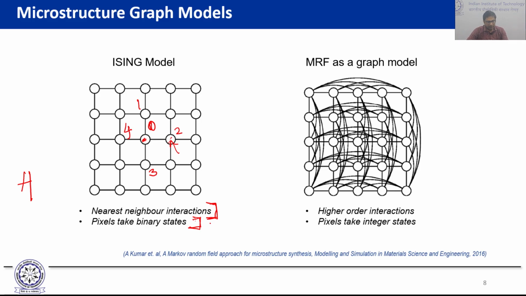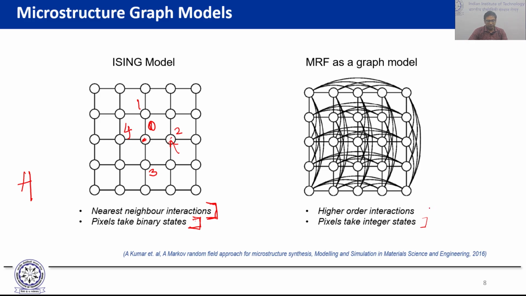Now, using our concept of Markov field, we can build upon the basic concept of the Ising model and start representing these Markov random fields as a graph model. So here what we are doing is, we are allowing a lot more states. Instead of just saying that the pixels will take binary states, we now say that the pixels can take integer states.